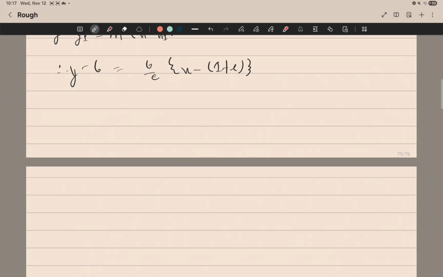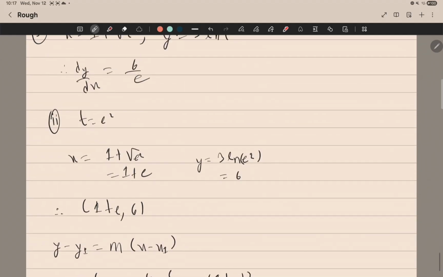So now the main part. To check if the point (1, 0) lies on the tangent, we need to substitute the value of x and y. So let's substitute. So y is 0 since it passes through the point (1, 0). Wait, I didn't write it right. So the point needs to be (1, 0).